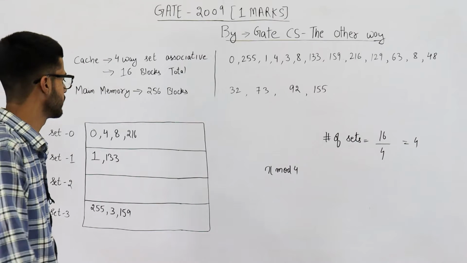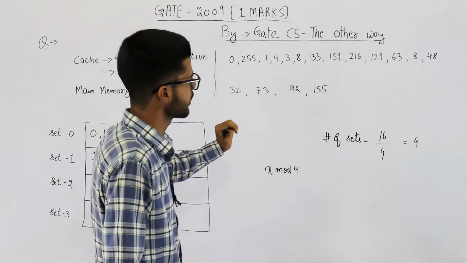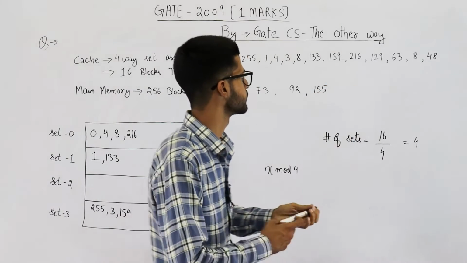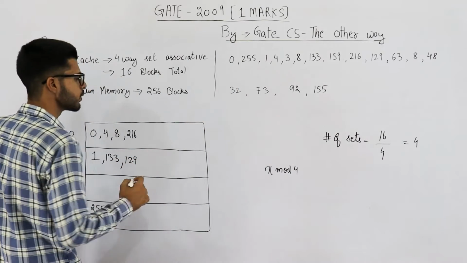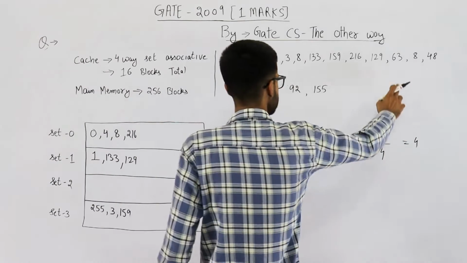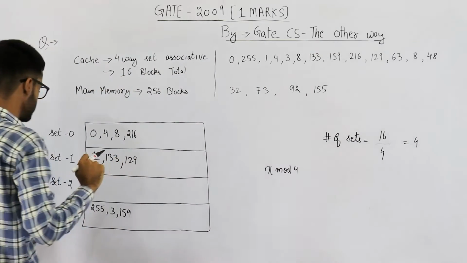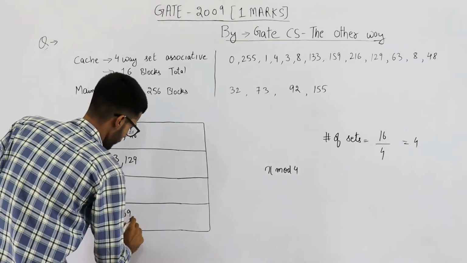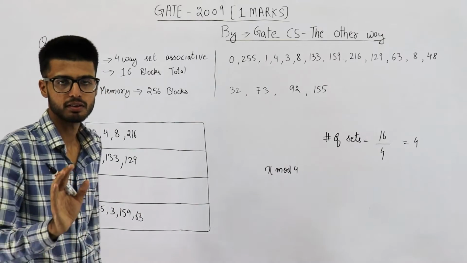Where were we? So last mapping was, I guess, 216. Next one is 129. This one goes to set number 1 because 129 mod 4 is 1. Then we have 63. 63 will be mapped onto set number 3 because 64 is divisible by 4.